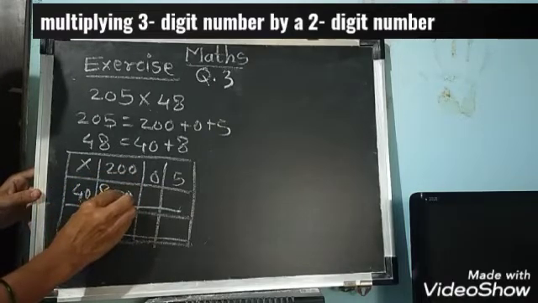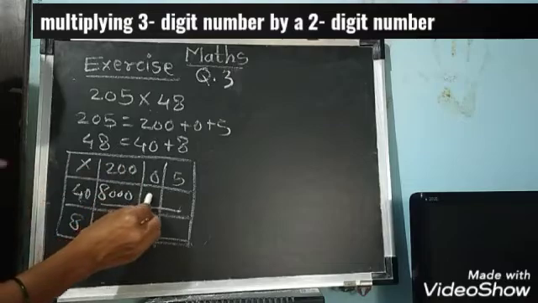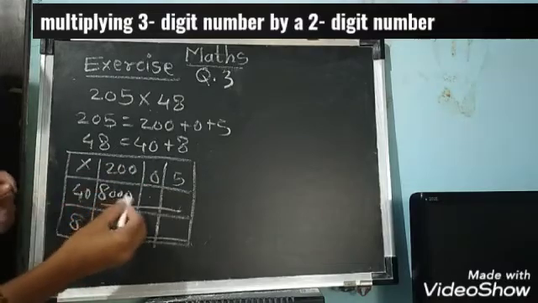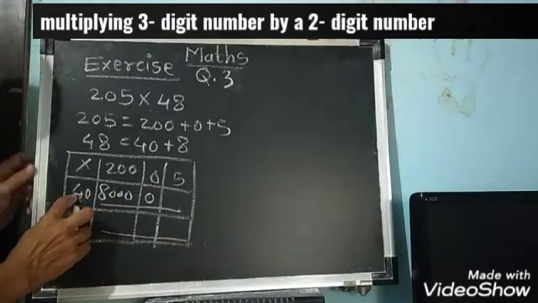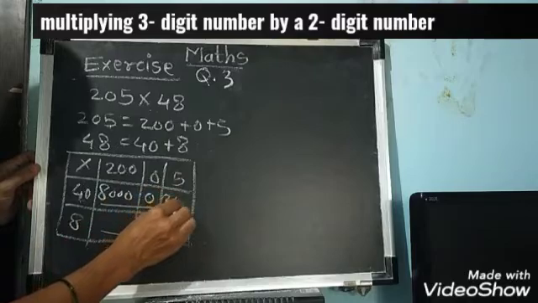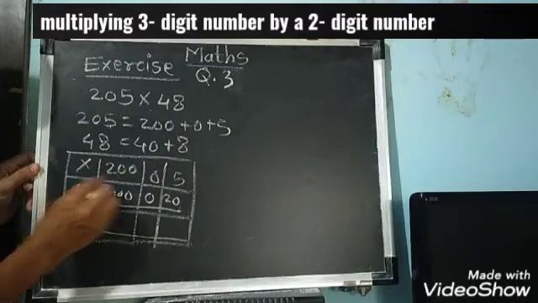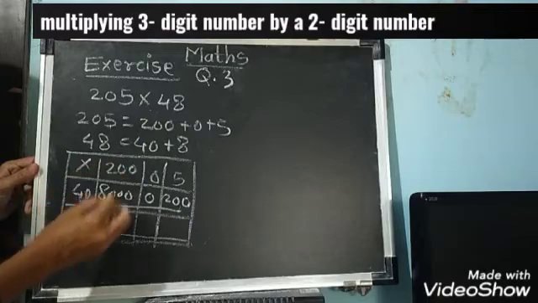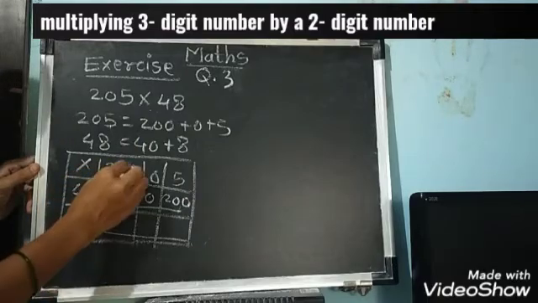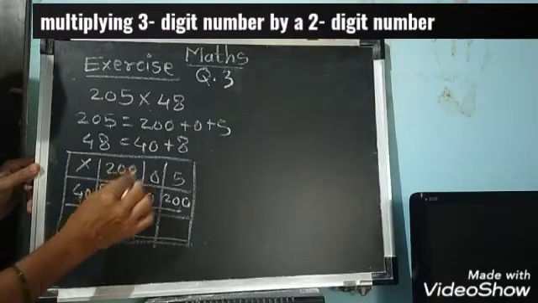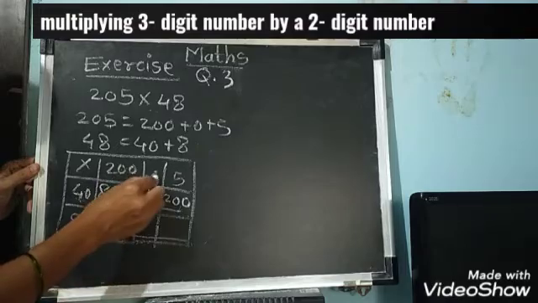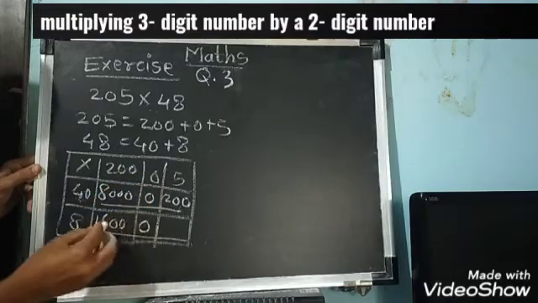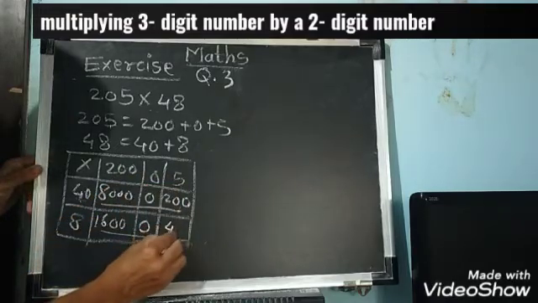Okay, got it? This answer I want to go straight. 0 multiplied by any number, answer is 0. 4 fives are 20. And in both boxes, how many zeros are there? Only 1. This answer I want to go straight. 8 twos are 16. And in both boxes, 2 zeros are there. So I have written 2 zeros here. 0 multiplied by any number, answer is 0. 5 eights are 40.